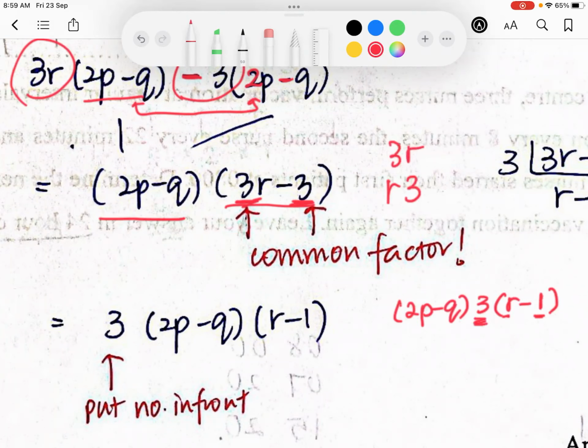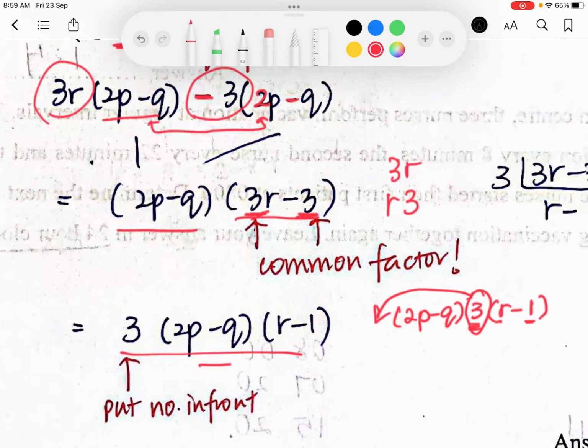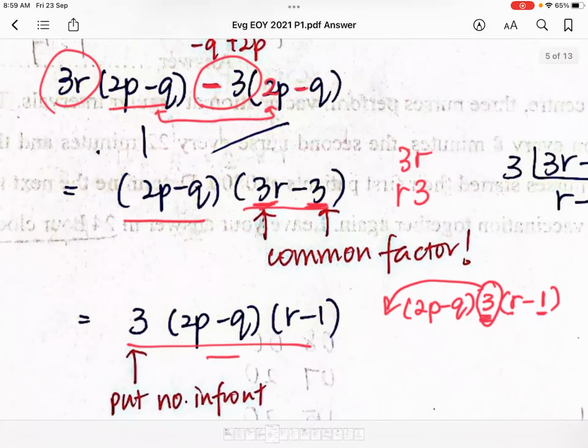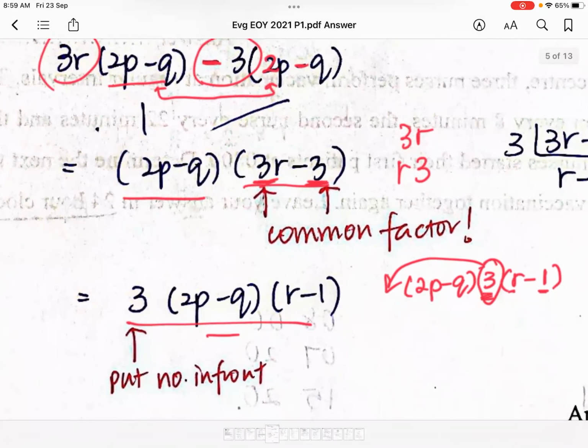We always put the number in front, right? So this is actually a number, so this one should shift to the front. That's why the proper way of writing is 3 bracket something something. Okay, this question, please take note. Due to limited time, I must continue to the next question already. If you are not sure, arrange with me to see me for consultation again.